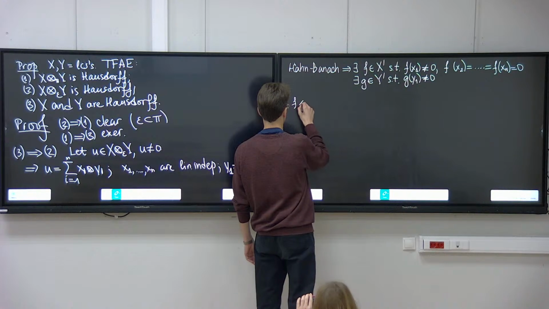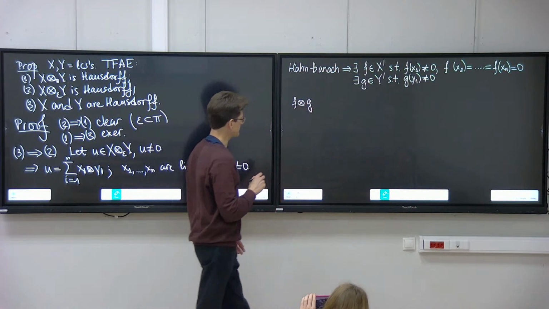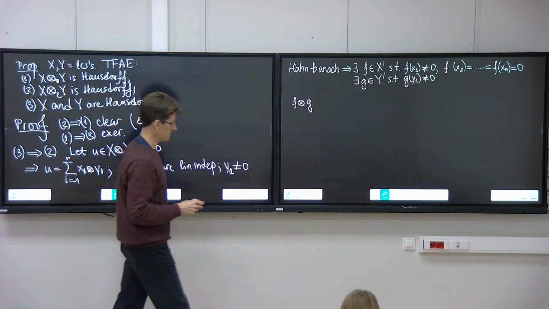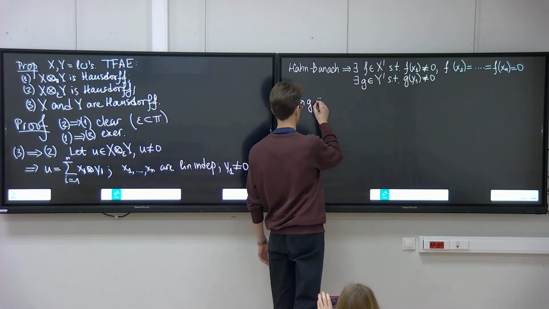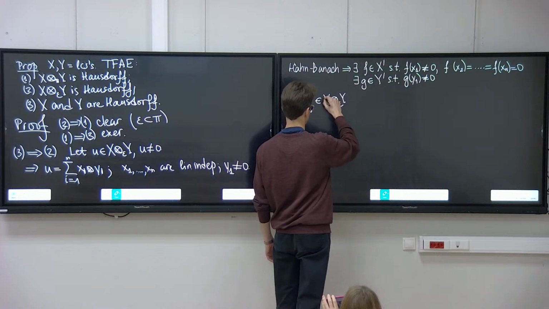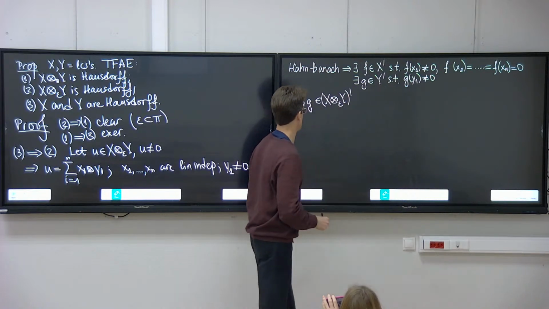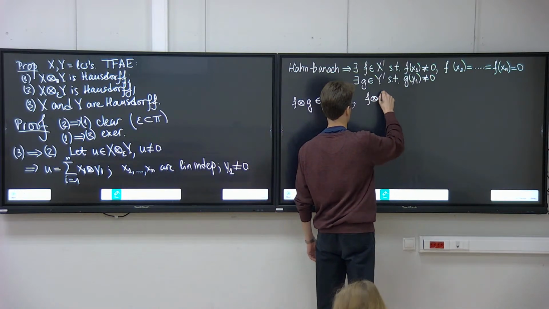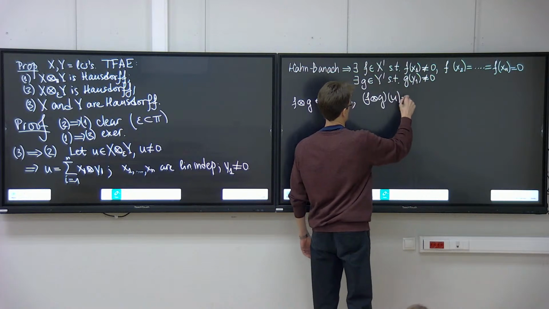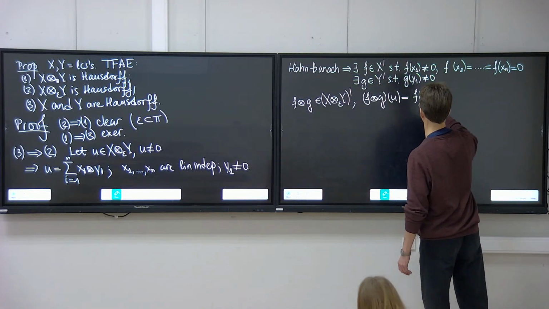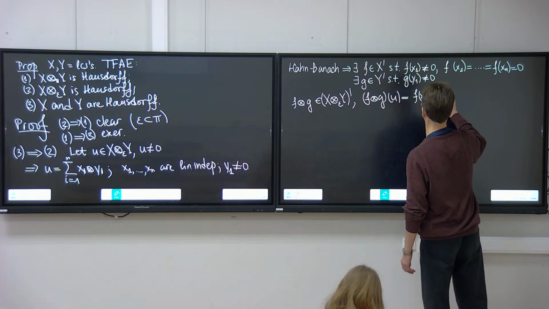Let's now look at the tensor product of f and g. By the functoriality of the injective tensor product, we see that this functional is continuous. This is a continuous functional on the injective tensor product. And if we apply this functional to u, what we get is simply f of x_1 times g of y_1.